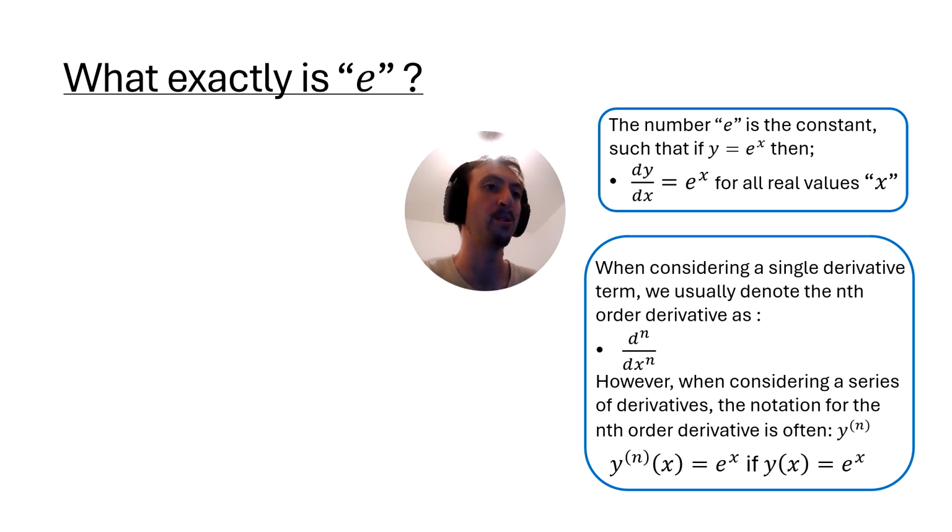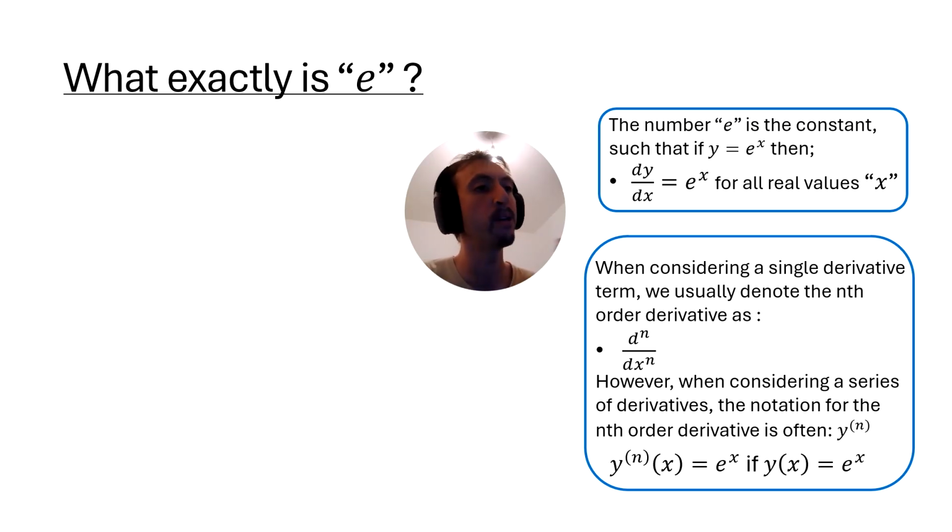So, e to the x is a function that is resistant, if you like, to derivative operators. So that's the most common way to think about e to the x.